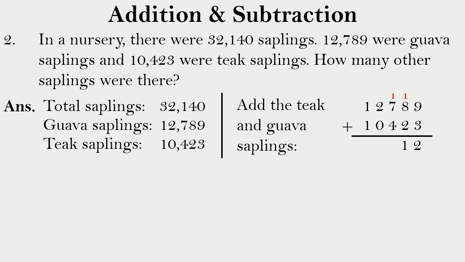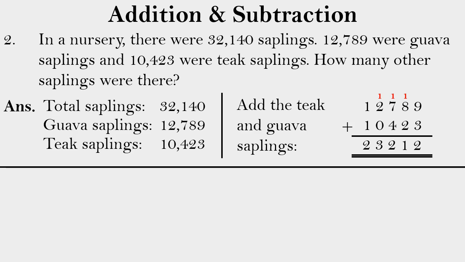Carry over 1 again. 7 plus 1 is 8. 8 plus 4 is 12. 2 in the hundreds place. 1 in the thousands place. 2 plus 1 is 3 and 1 plus 1 is 2. So the guava saplings and teak saplings are 23,212.